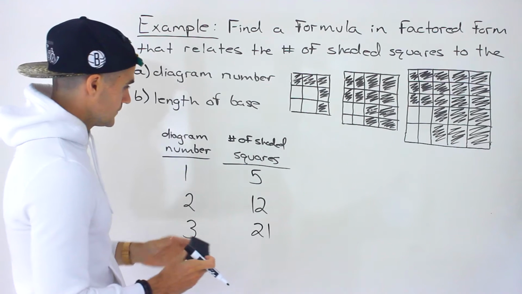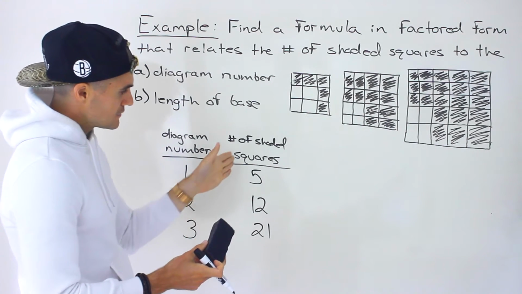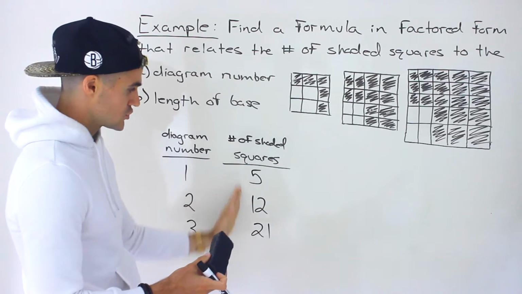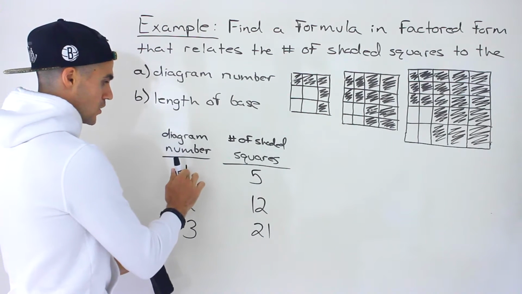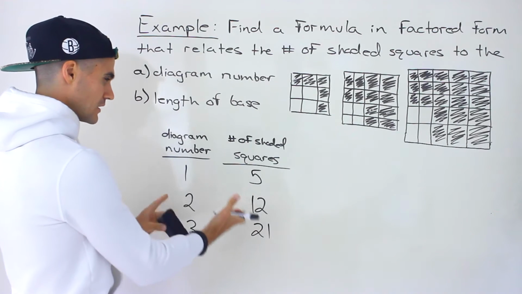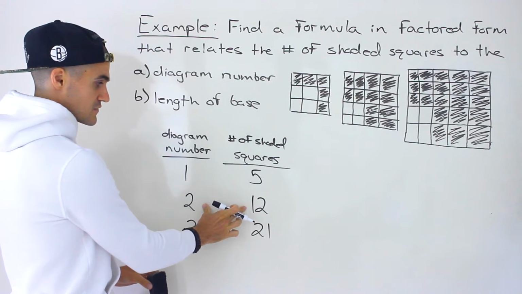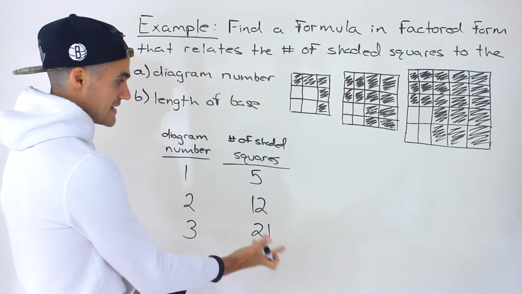Now, what's tough about this is a lot of times if you try to get a relationship with the number of shaded squares directly, it's sometimes tough to get that relationship. So notice from 1 to 5 and then 2 to 12, what's the relationship here? It may be the difference of 4, but here there's a difference of 10. And then over here, there's a difference of 18.